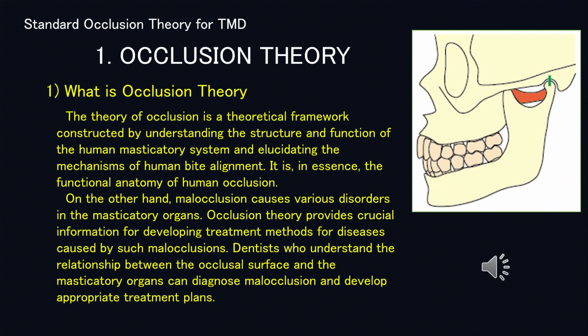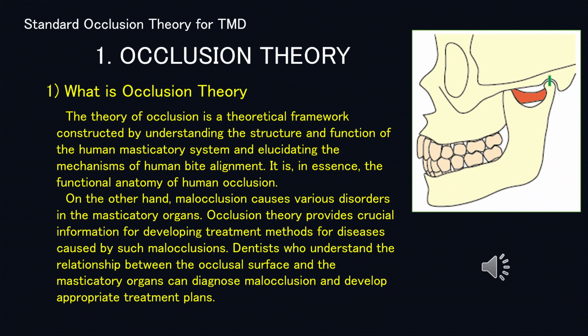1. What is occlusion theory? The theory of occlusion is a theoretical framework constructed by understanding the structure and function of the human masticatory system and elucidating the mechanisms of human bite alignment. It is, in essence, the functional anatomy of human occlusion.